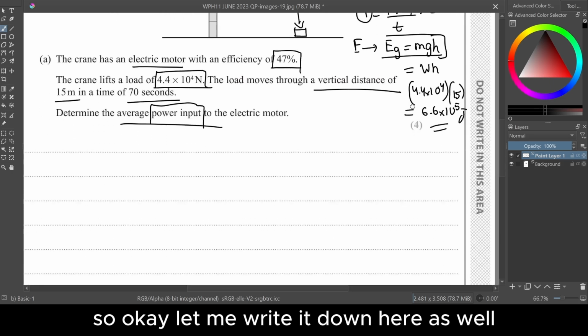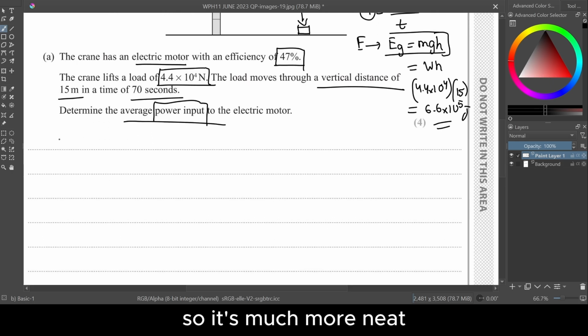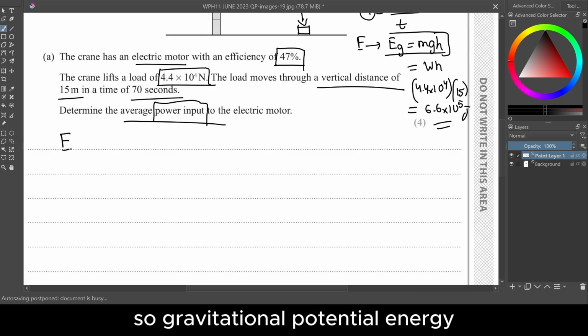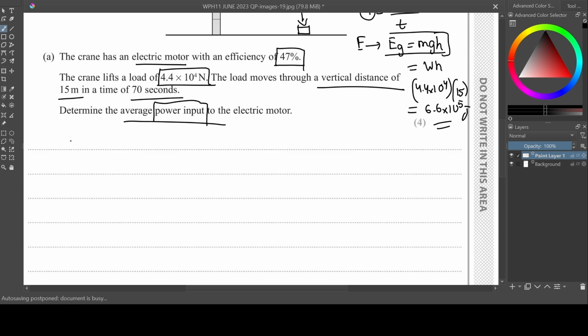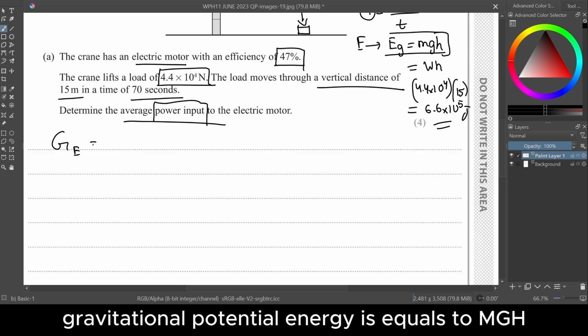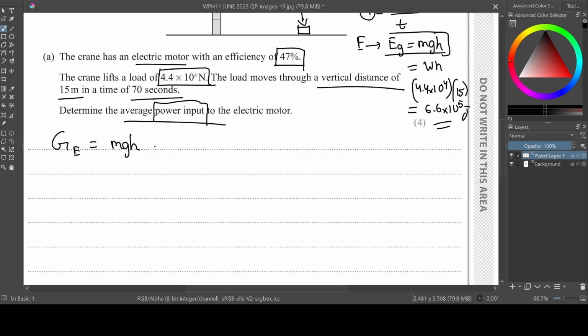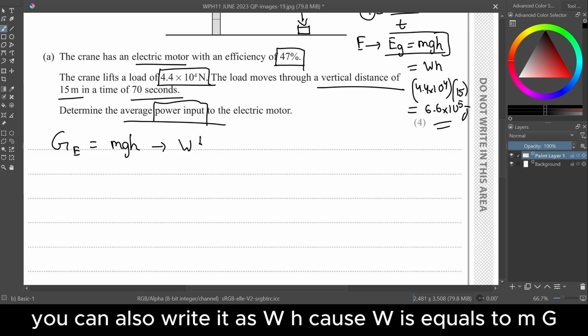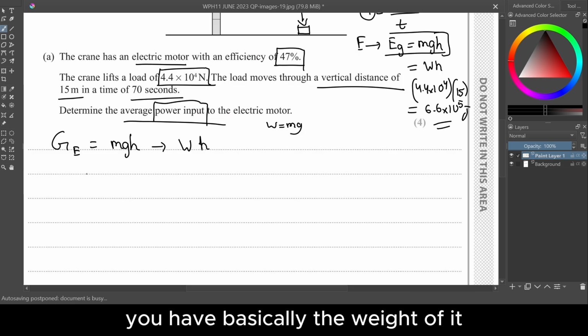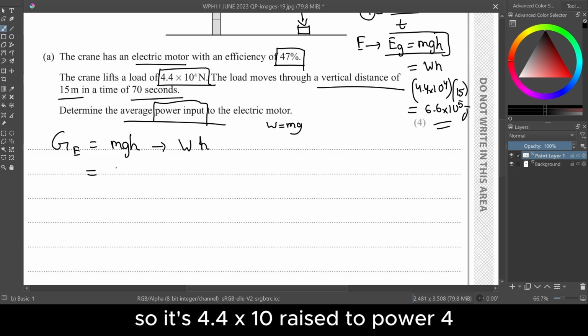So, okay, let me write it down here as well, so it's much more neat. So, gravitational potential energy, let me write it like this. Gravitational potential energy is equals to mgh. You can also write it as Wh, because W is equals to mg, right? And you have basically the weight of it. So it's 4.4 times 10 raised to power 4.